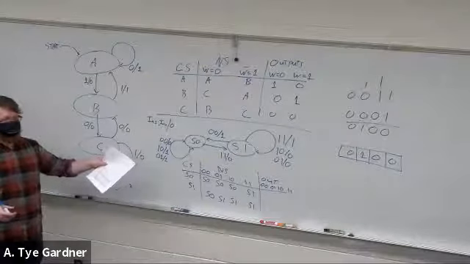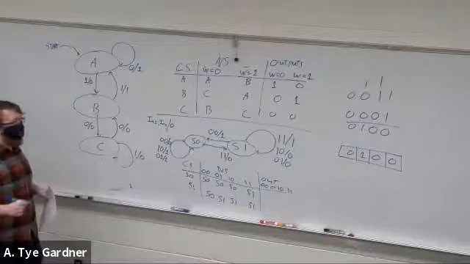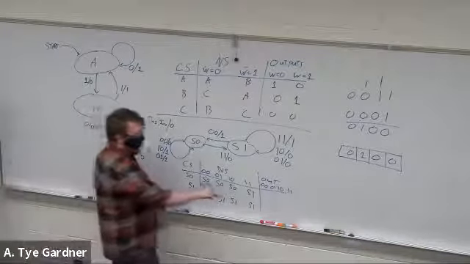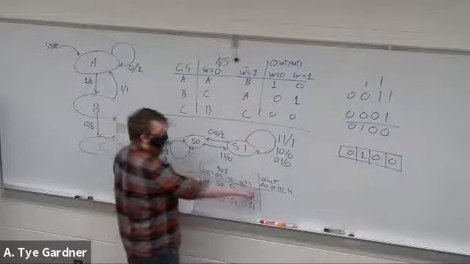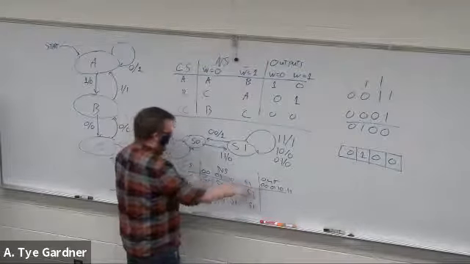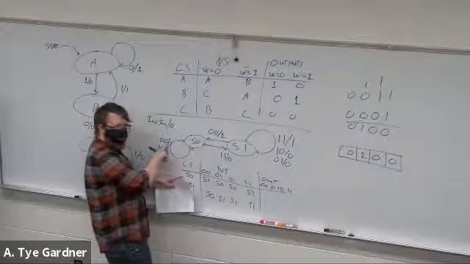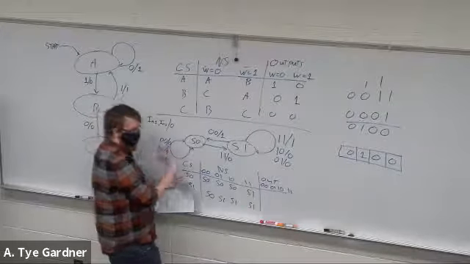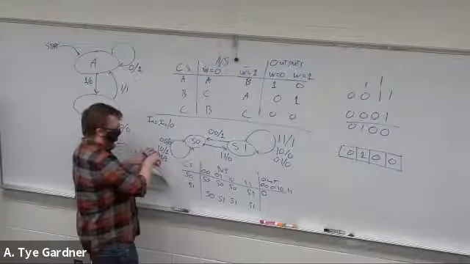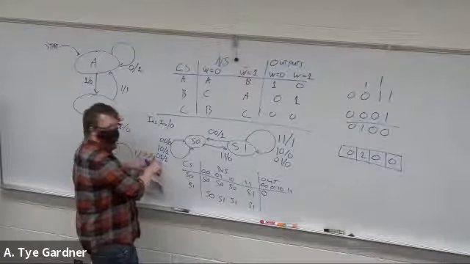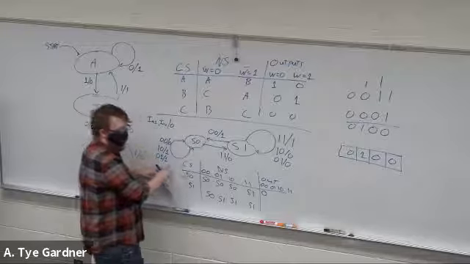Anyone need me to do that? You do? Okay, so the current state is S0. If my input is 0 0, that means I'm here and I get this 0. Same thing at S0: if my inputs are 1 0 or 0 1, my output is 1.